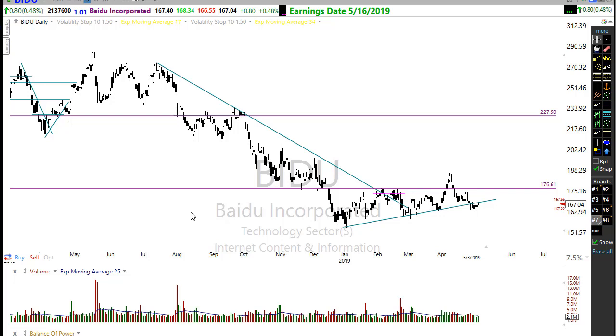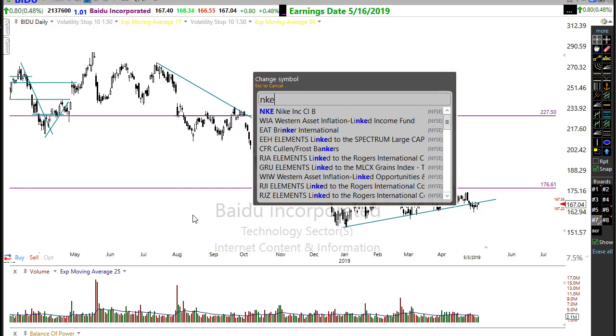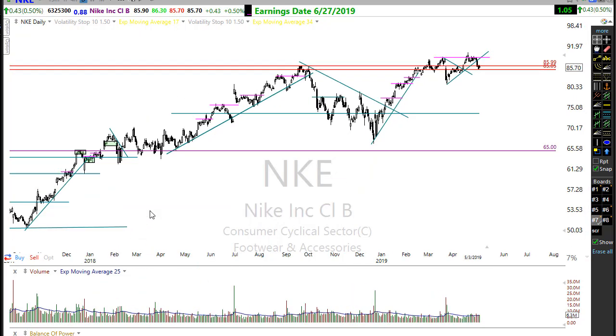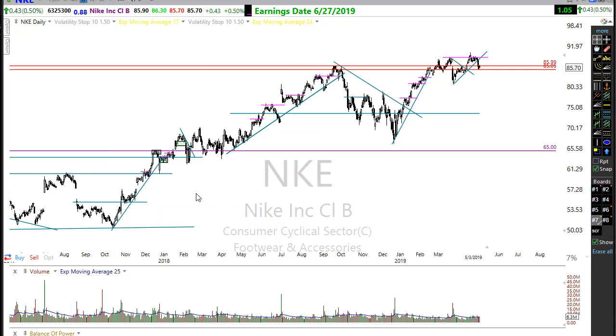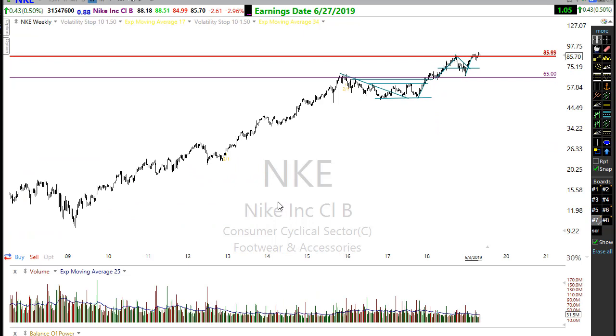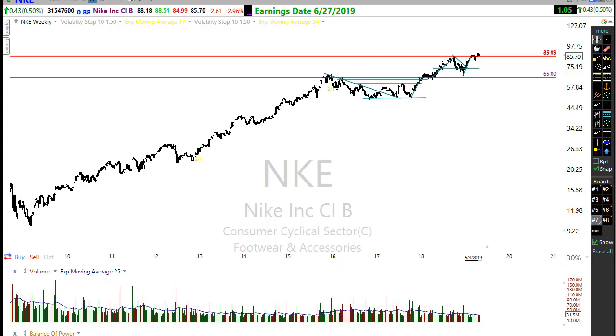It's not really an ugly, ugly sell-off, but more of just a resting period. Okay. So you can see here in Nike, and I'm going to go to a weekly chart because you guys were talking about a little bit longer term. Okay. These nasty little protracted pullbacks.